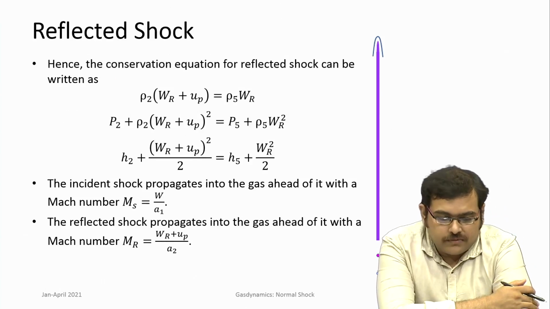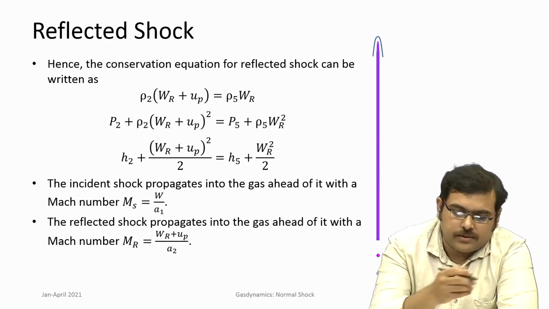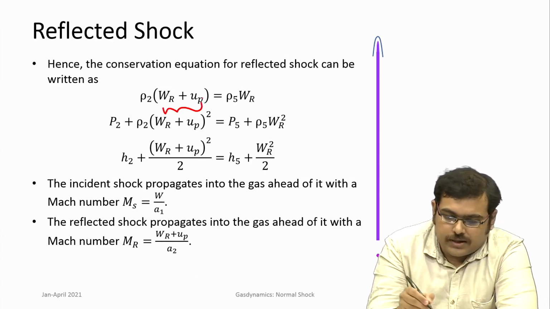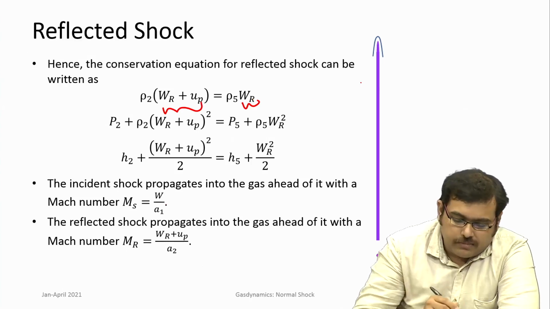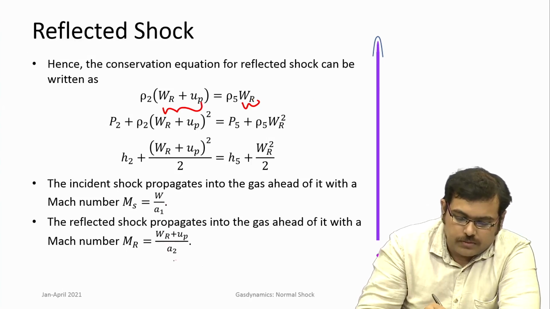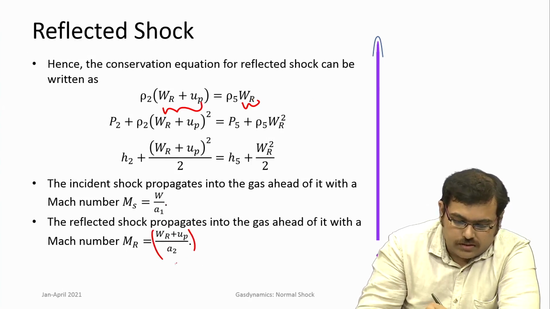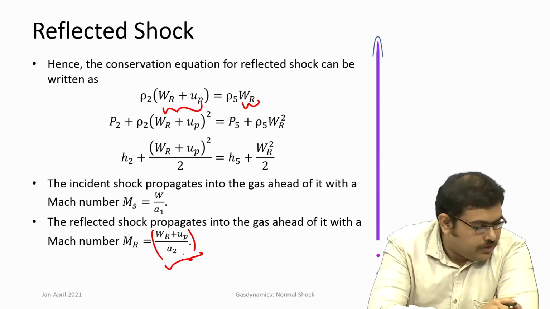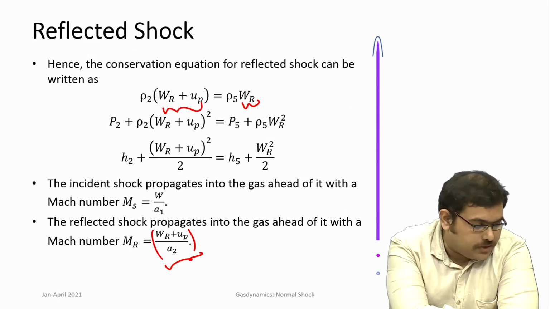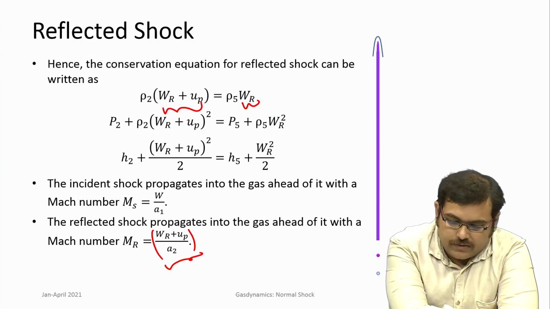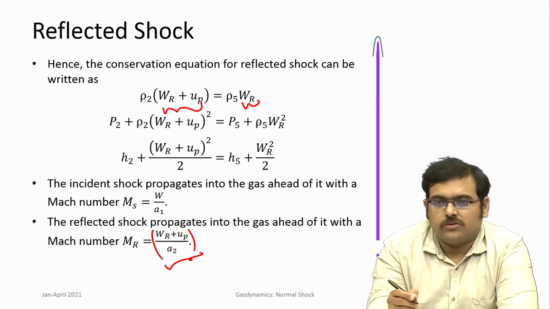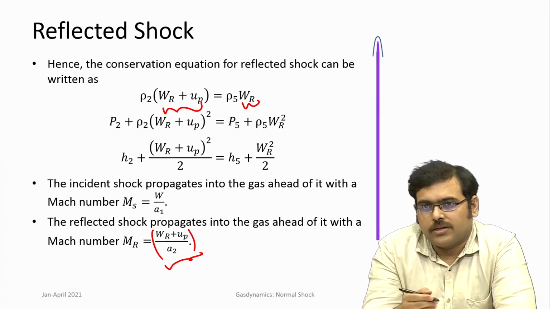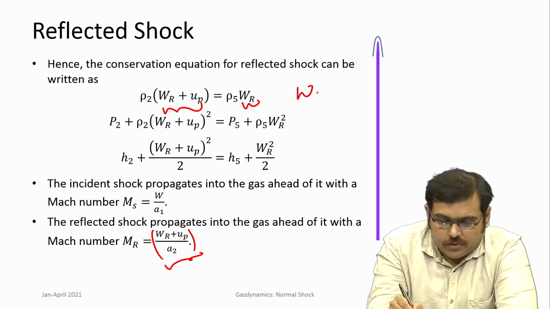Same set of equations now written in terms of Wr plus Up and Wr, and reflected shock Mach number is (Wr plus Up) by a2. Okay. So, in order to bring it into the stationary frame of reference, (Wr plus Up) by a2 can be related to the incoming shock itself, that is Ws.